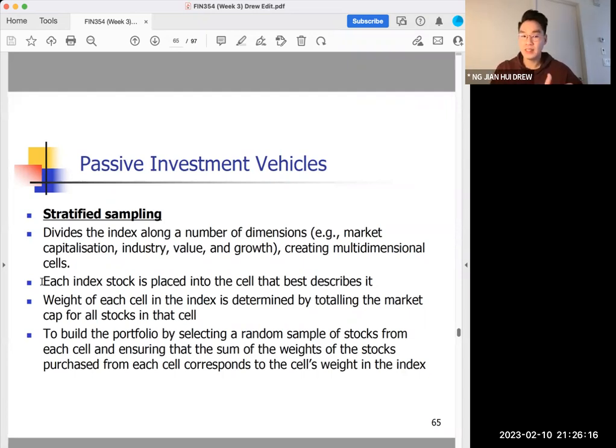You divide them into different strata, and after that you give certain weights to the strata or divisions, and from there you form a portfolio. That's how you do stratified sampling. It's more like a statistical technique. What's interesting about stratified sampling that's not stated here is that when you do it, you reduce the uncertainty of not representing the population.